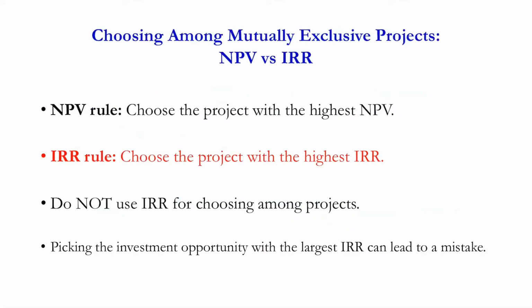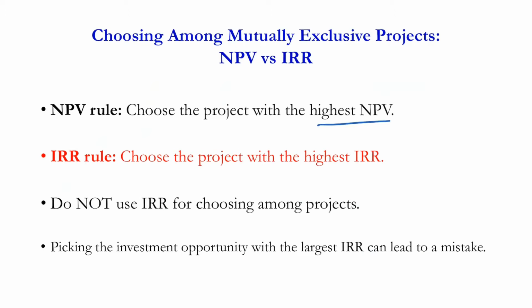In this video, I'm going to talk about NPV versus IRR rule when we want to choose among mutually exclusive projects. As we already know, the NPV rule when we want to choose among mutually exclusive projects is to choose the project with the highest NPV. However, the IRR rule says that you should choose the project with the highest IRR.